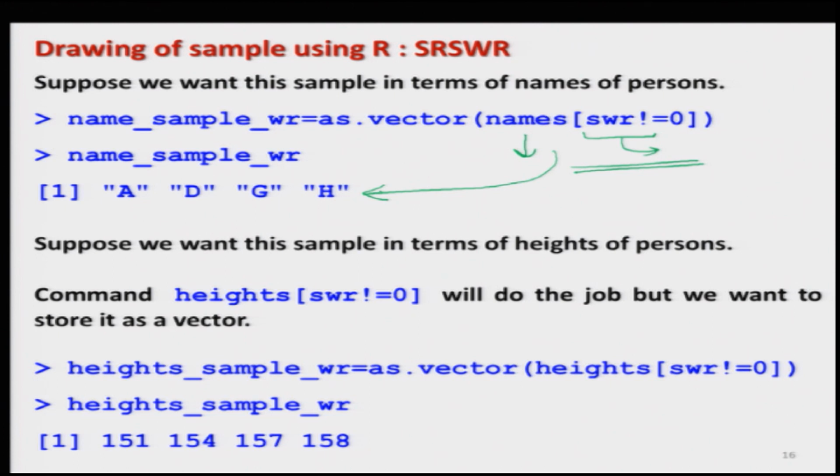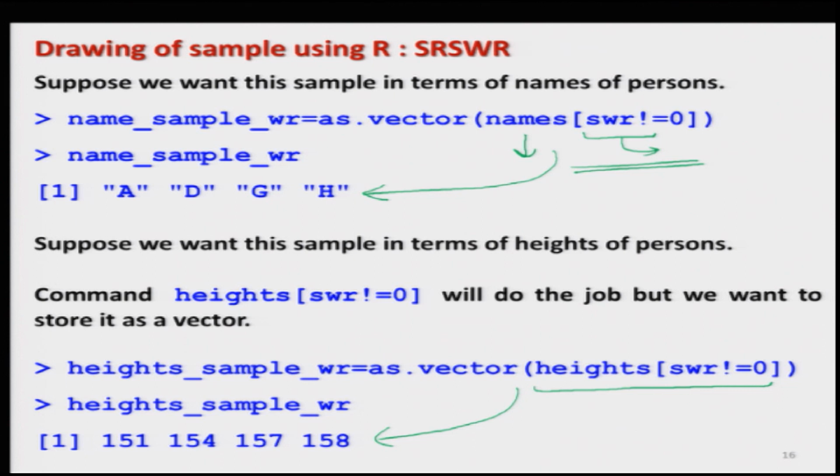Similarly, if you want to find out the corresponding value of height, I can take the values of height corresponding to which the SWR vector has non-zero values. You can see this will come out to be 151, 154, 157 and 158.